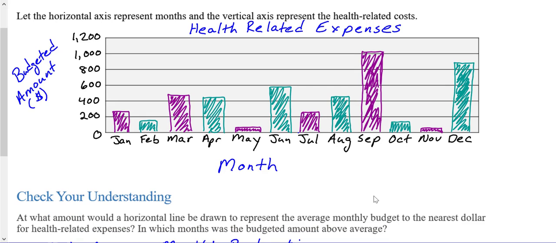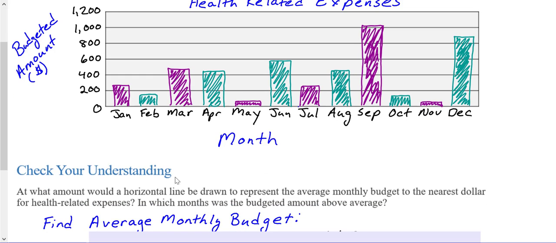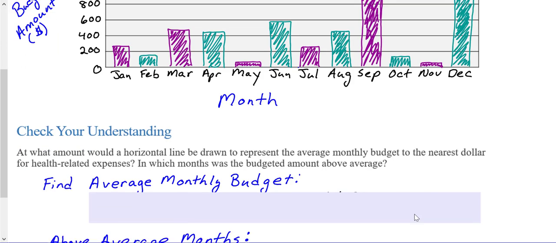average monthly line. So for the check your understanding, we want to know at what amount would a horizontal line be drawn to represent the average monthly budget to the nearest dollar for health-related expenses, in the month budget from above.